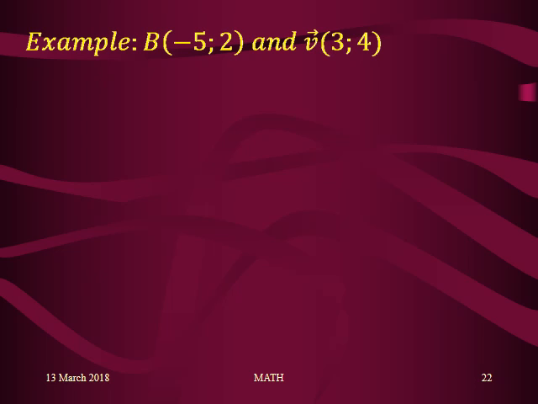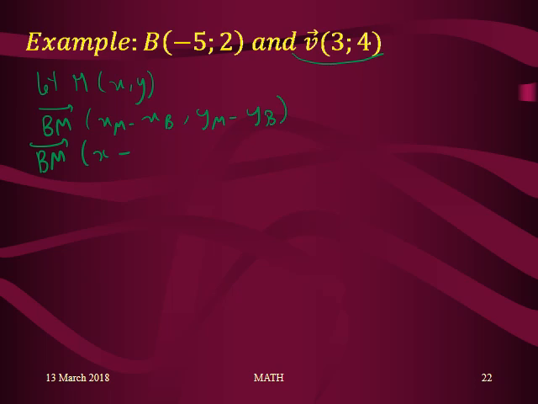Example: find a parametric equation passing through B and having directing vector v. First, let M be any point in the plane. Find BM. Vector BM is xM minus xB, yM minus yB. So BM is x minus minus 5, that is x plus 5, and y minus 2.